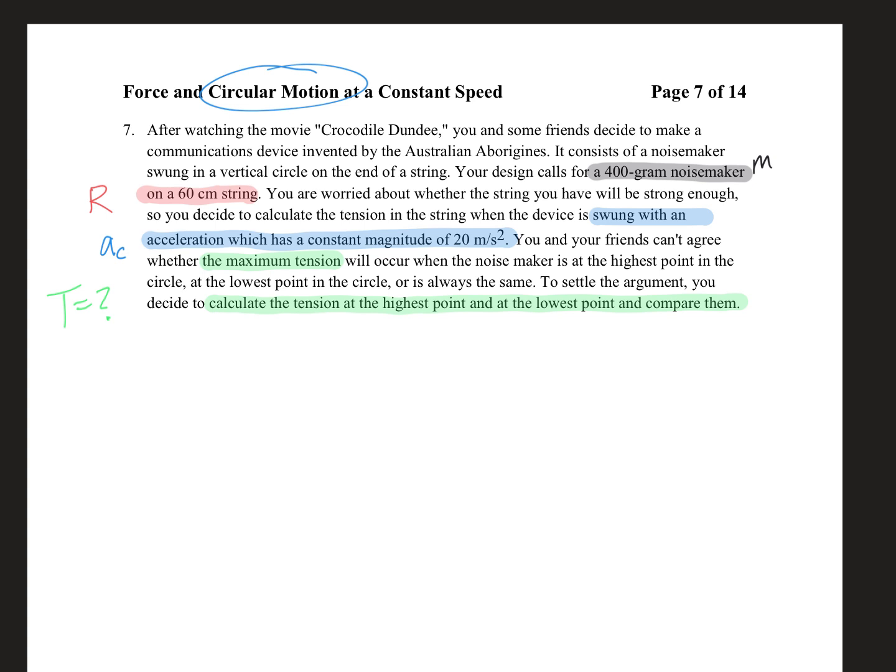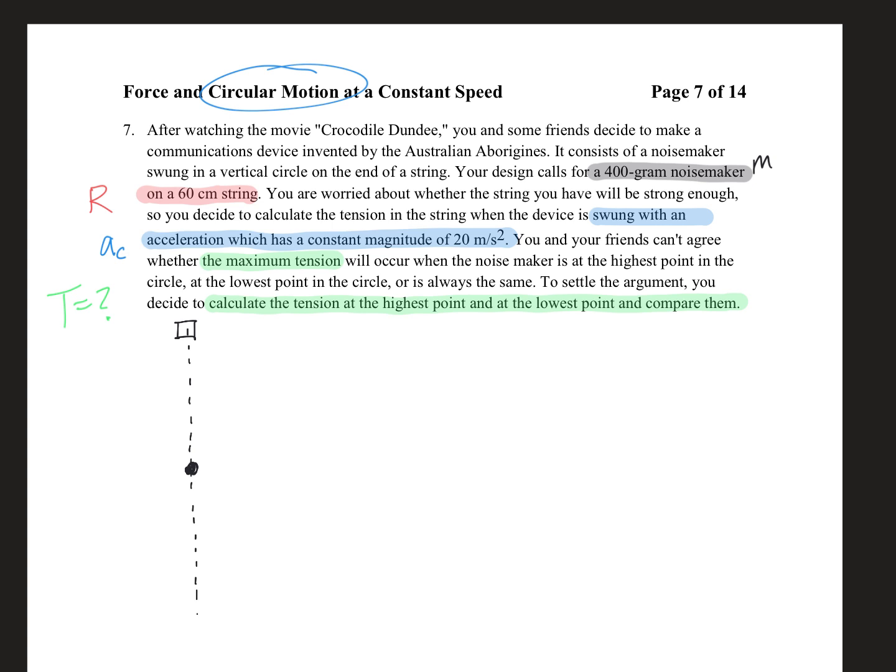All right, so let's make a little sketch. So I'm going to do a looking down view of this noisemaker, and put a kind of a center line through this, and out here, actually no, this isn't, I'm sorry, high and low point.